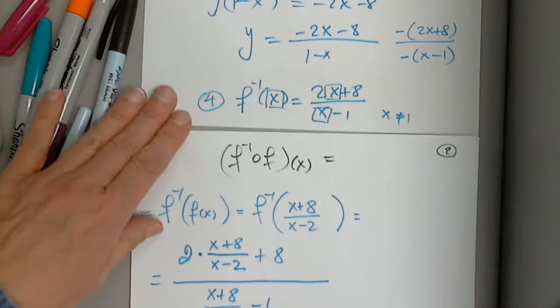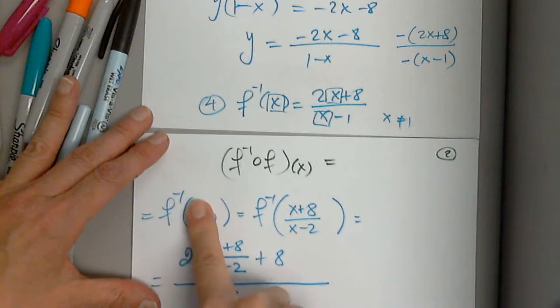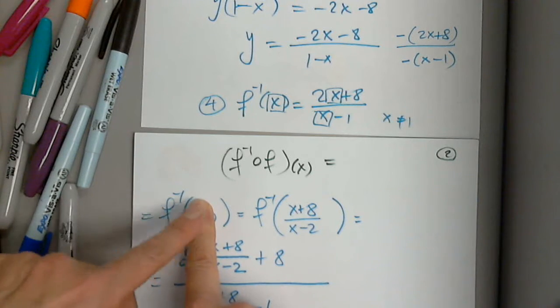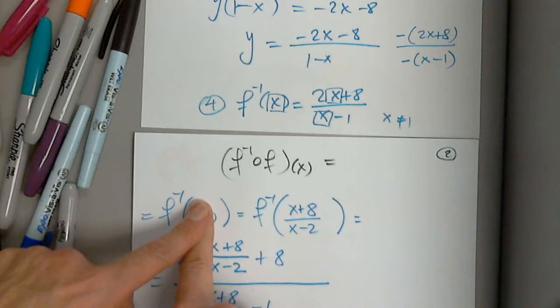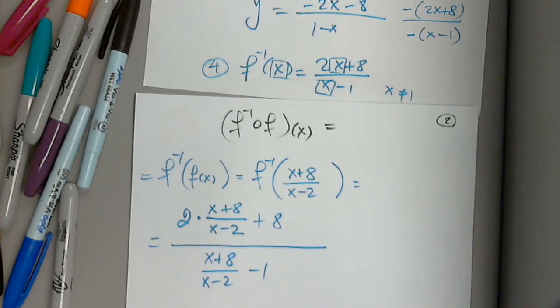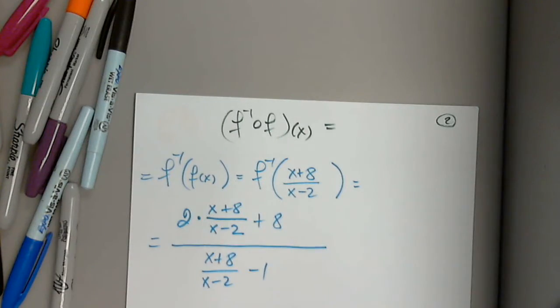Here's why. Look here for a second. f inverse of this. So this becomes my x. And this is the x everywhere in f inverse. Is this okay? Everyone, is that a yes or a no?